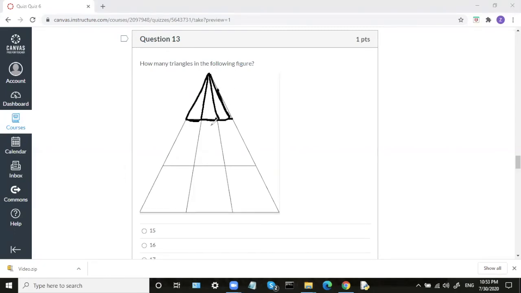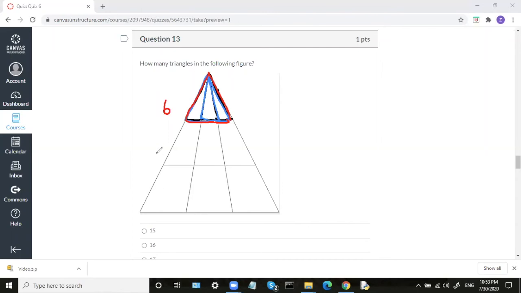Okay, these 3 triangles. Or we can have the 4th triangle this size and the same on this side. Then 5. Then finally we have the larger triangle, 6. The total is 6 triangles at this layer.